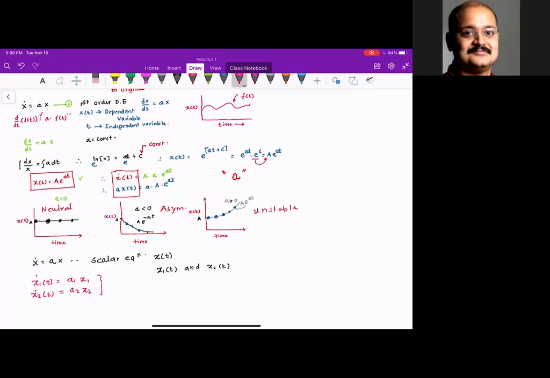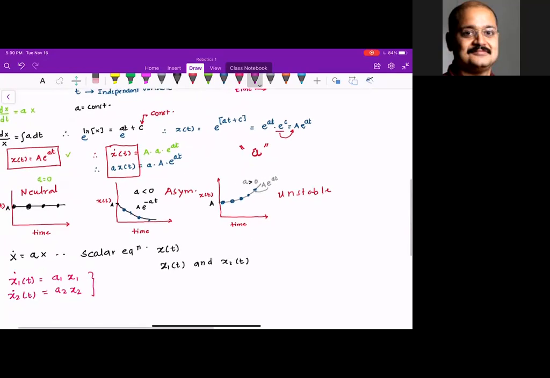But note, this equation can be written down in a matrix form, and this matrix form can be written as x1 dot of t, x2 dot of t is equal to a1, a2, times x1, x2.